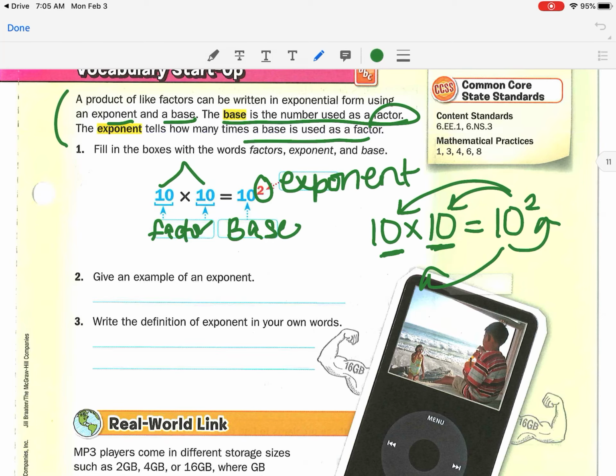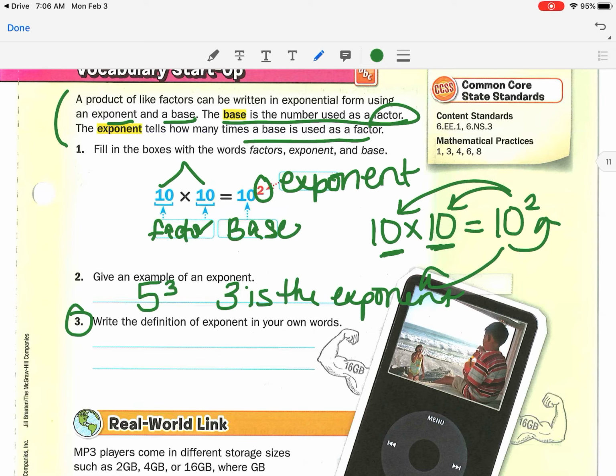So let's do this one where it says, give an example of an exponent. For example, if I were to say 5 to the third, the 3 is the exponent. Okay? Now, right here, if you want to write a definition of an exponent in your own words, that would be great. If you would like to just copy this one, that way we kind of have an idea of what an exponent means to you.